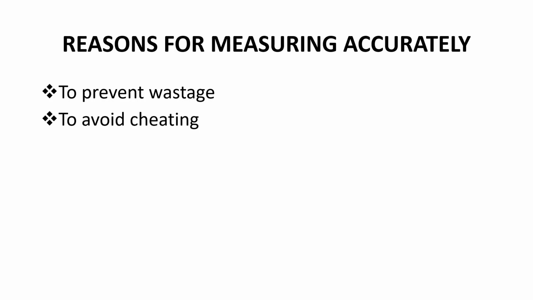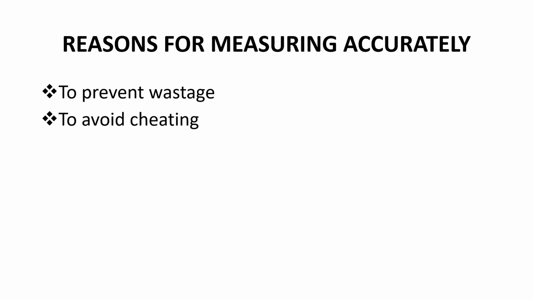Second reason is to avoid cheating. Measuring accurately will help you to prevent misunderstanding and also fighting due to cheating. Cheating can lead to misunderstanding and also what? Fighting among people.